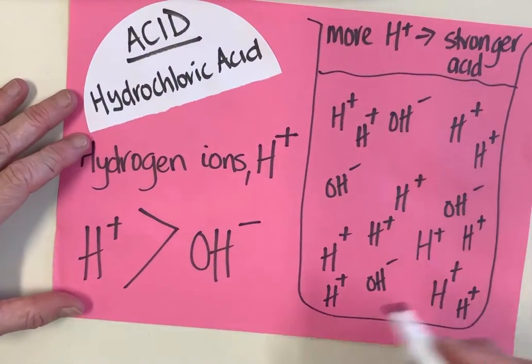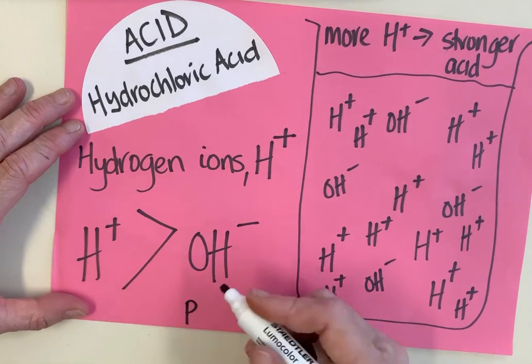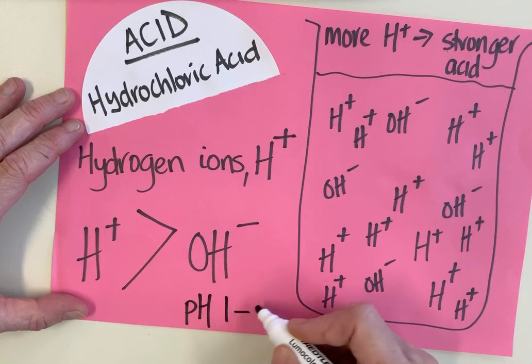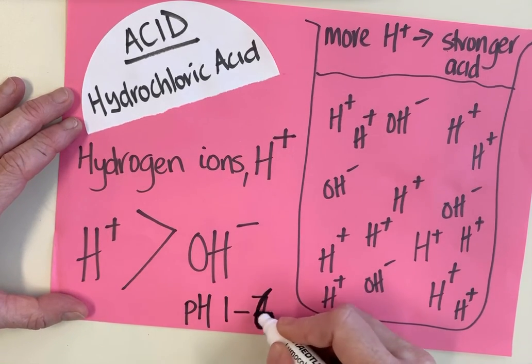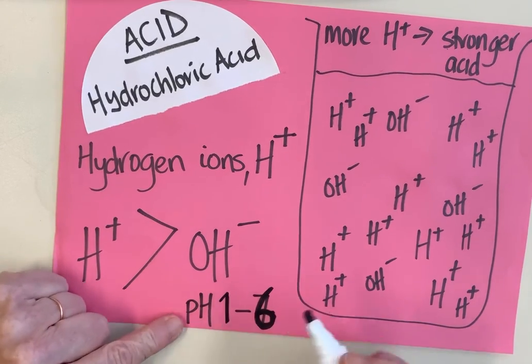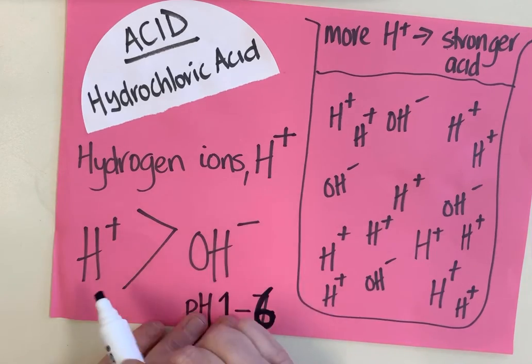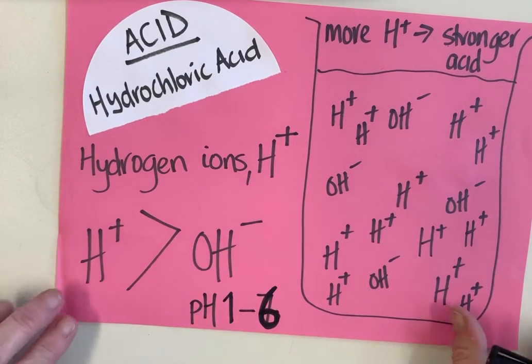And an acid is where you've got an excess of hydrogen ions. The pH of an acid is between 1 and 6. So pH 1 to 6 is acidic when there is an excess of hydrogen ions, more hydrogen ions than hydroxide ions.